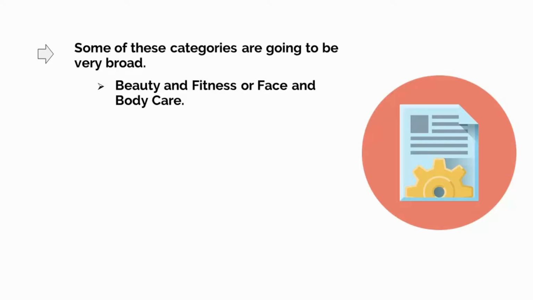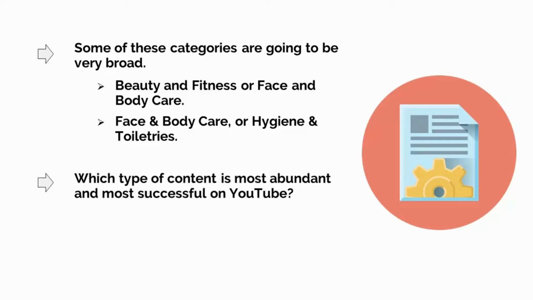But if you dig a little deeper into the subcategories, then you can get more niche by choosing things like face and body care or hygiene and toiletries. Another thing to think about when choosing your niche is just which type of content is most abundant and most successful on YouTube.